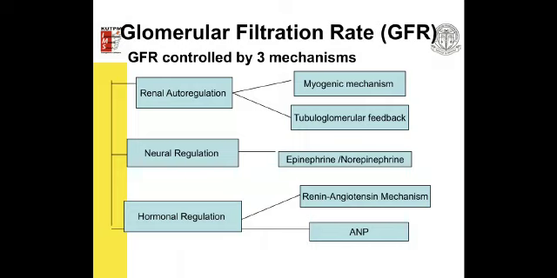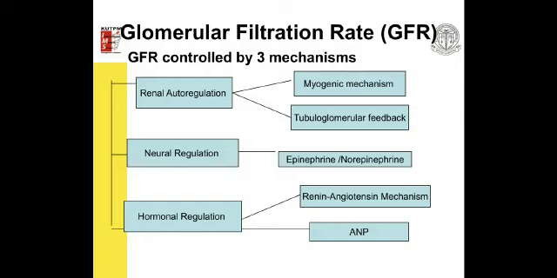So how is GFR regulated or controlled? It is by three mechanisms. One is autoregulation. The definition of autoregulation: the ability to regulate its own blood flow despite variation in perfusion pressure, wherein it's constant between a pressure of 60 to 160 millimeters of mercury.